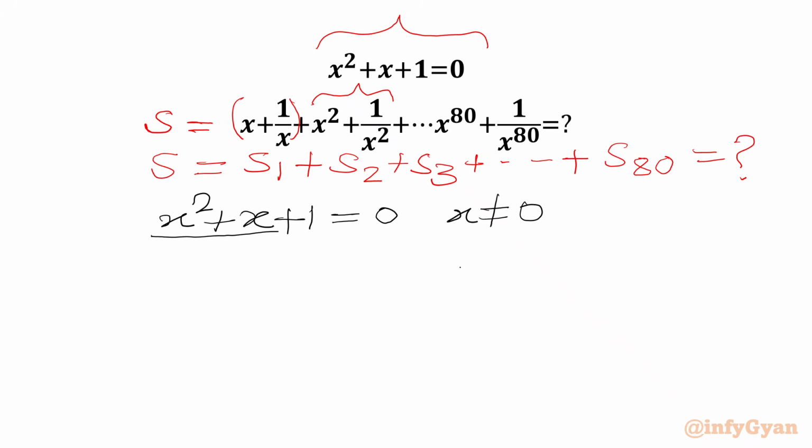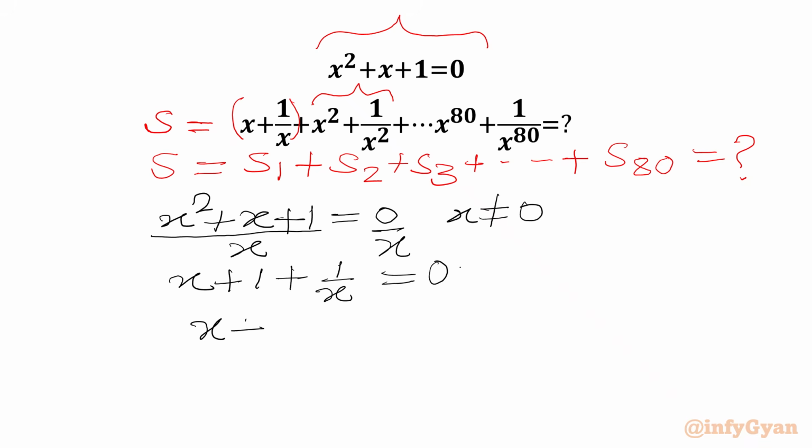So we can divide both sides by x. LHS will give us x plus 1 over x, and in RHS we can write 0. So from here we have one important equation: x plus 1 over x, which is our sum S1, equal to -1.